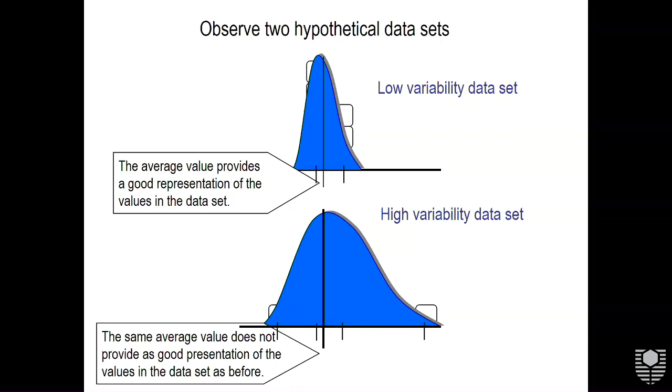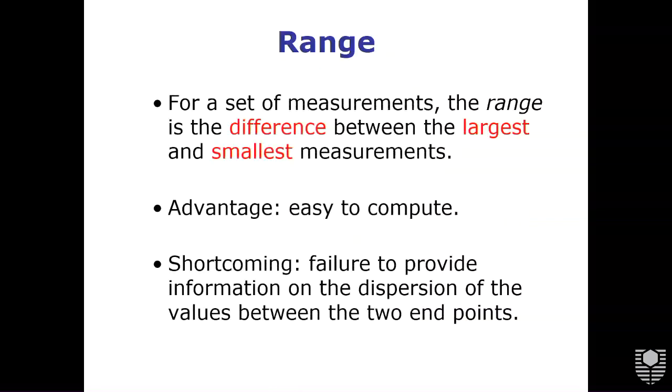How do we measure variability? Using different types of measurements. So we have the range for the data set. The range, as you know, in accounting we do not use that much, but it's very easy to calculate. Still, it doesn't give you the whole story about the data because it depends on the difference between the largest and smallest measurement.